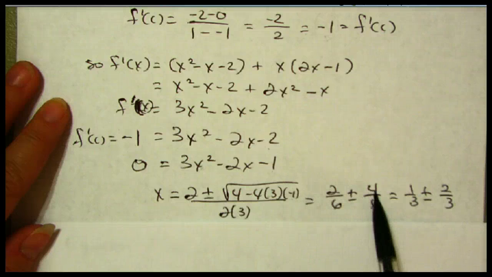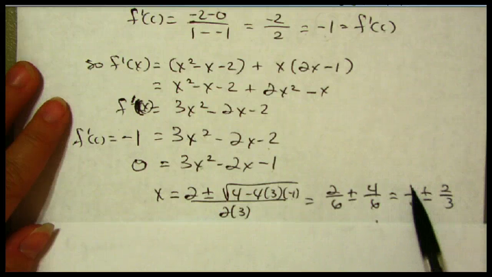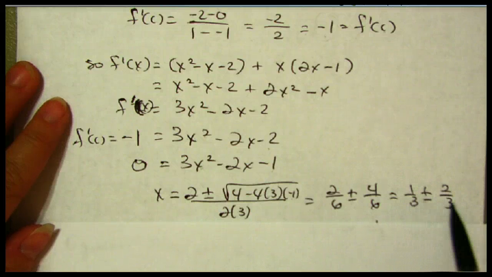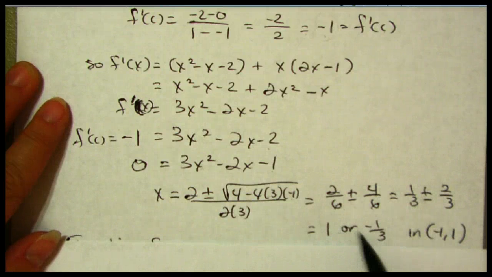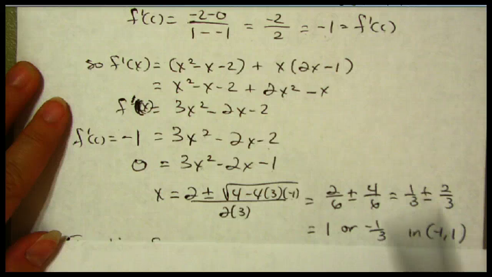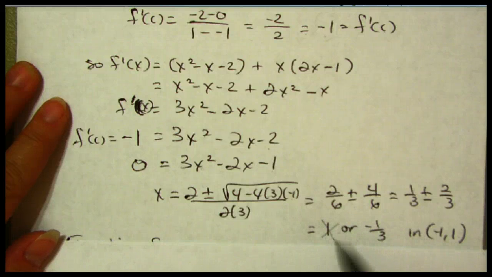Square root of 16 is a 4 over 6. Clean that up, that's 1/3. Simplify that, that is 2/3. So I have 1/3 plus 2/3 and 1/3 minus 2/3. So 1/3 plus 2/3 is 1. And 1/3 minus 2/3 is a -1/3, but it has to be in this open interval from -1 to 1. That does not work, so it must be this value. That's my c.